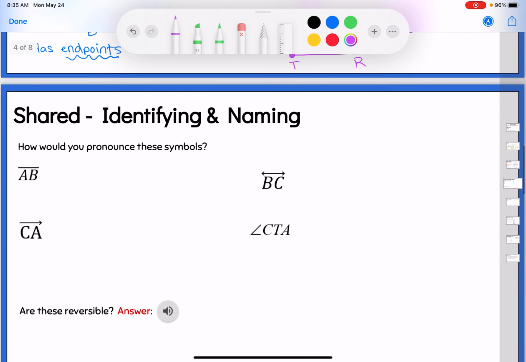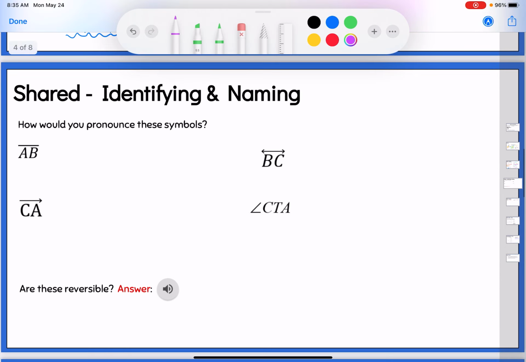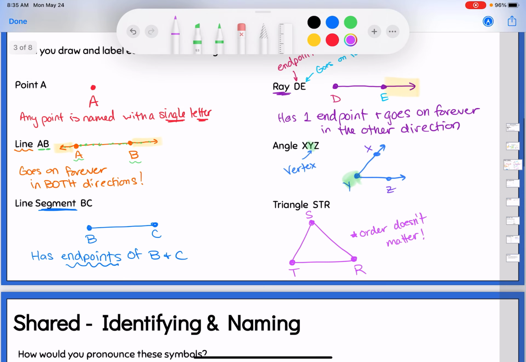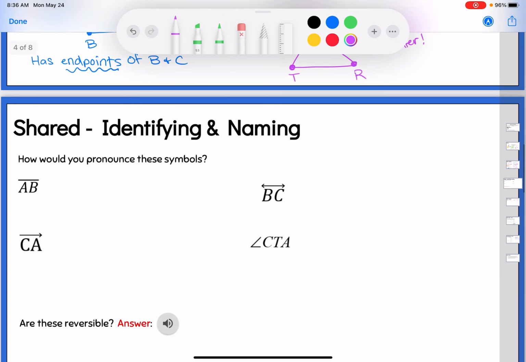Okay, now as we were drawing those, we kind of talked about some symbols, so we can use some short ways, like in the second one, really, it says line AB. Well, if we had to write the word line every time we wanted to talk about one this year, we would have pages and pages full of notes. Same with line segment BC, that's just too much to write, so we have some symbols, okay?